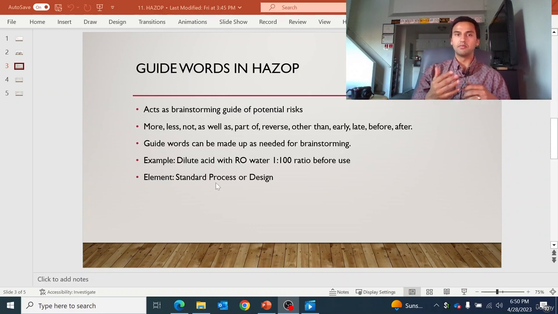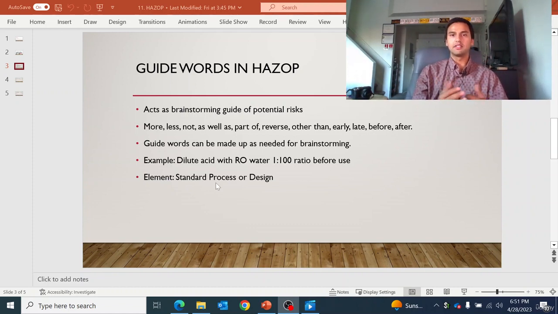As you can see, with these three guide words, I'm able to make so many deviations, and that's exactly why these guide words are used, because they help us find the deviation. There are a lot of guide words, and these are not set in stone.